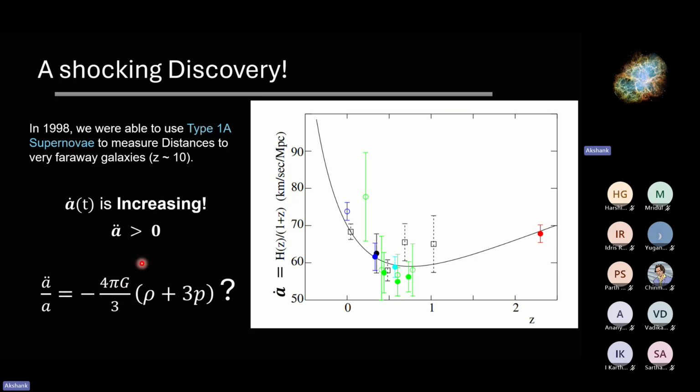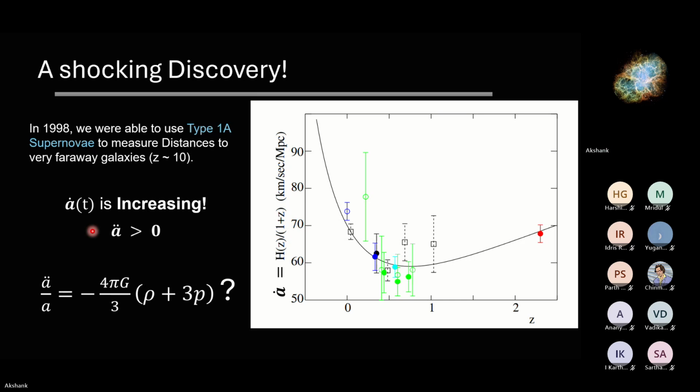So there are very low chances of this being wrong. But what we see, A double dot should have been negative. Observationally, it was observed in 1998 for the first time that A double dot is actually positive. So the universe's expansion is accelerating.